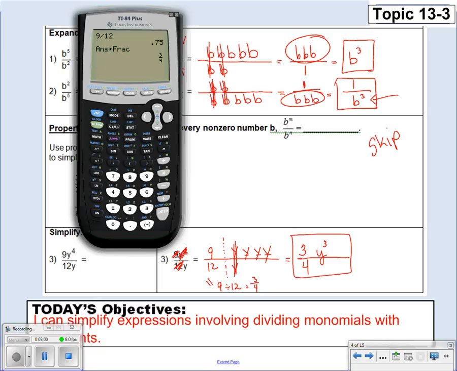So again, we did 2 steps. First step was to separate the like terms or rewrite them. Separating the like terms. So here's my step 1. And then step 2 was to simplify.